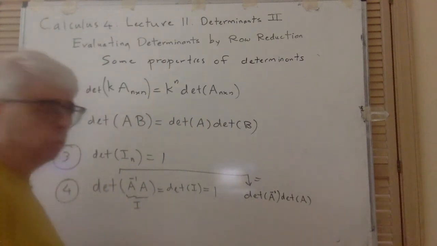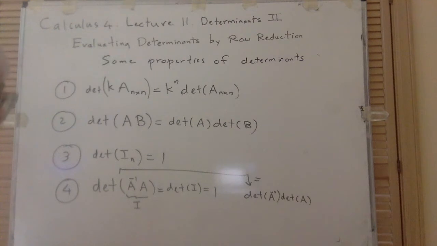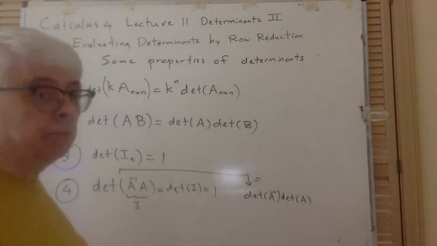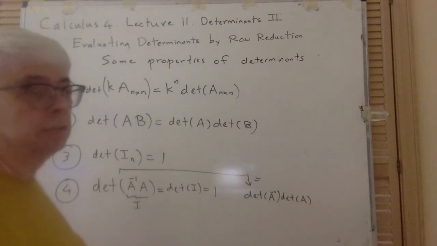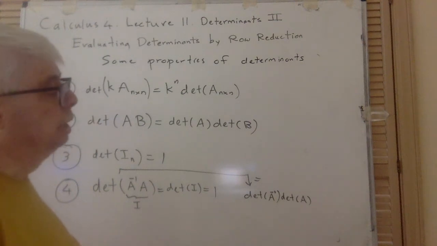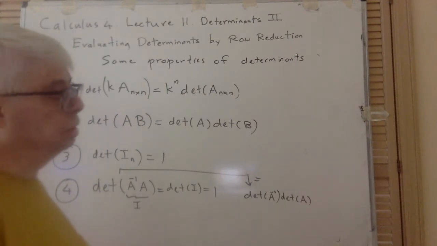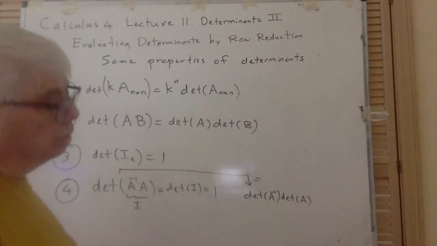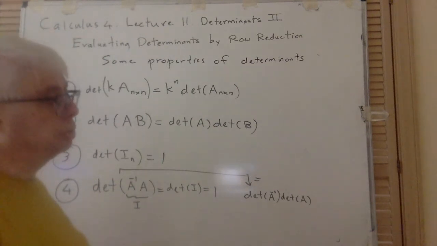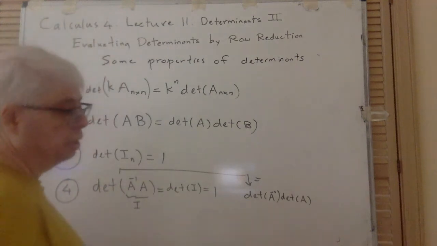Now, A inverse exists if the RREF of A, remember, A is n by n, has no zero row. All of the rows are full. And when you turn it into RREF, because of that, all diagonal terms are non-zero.